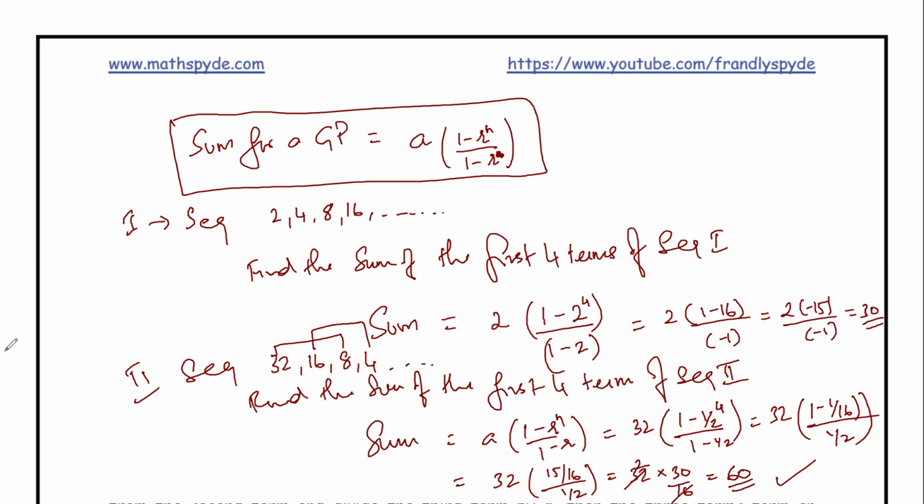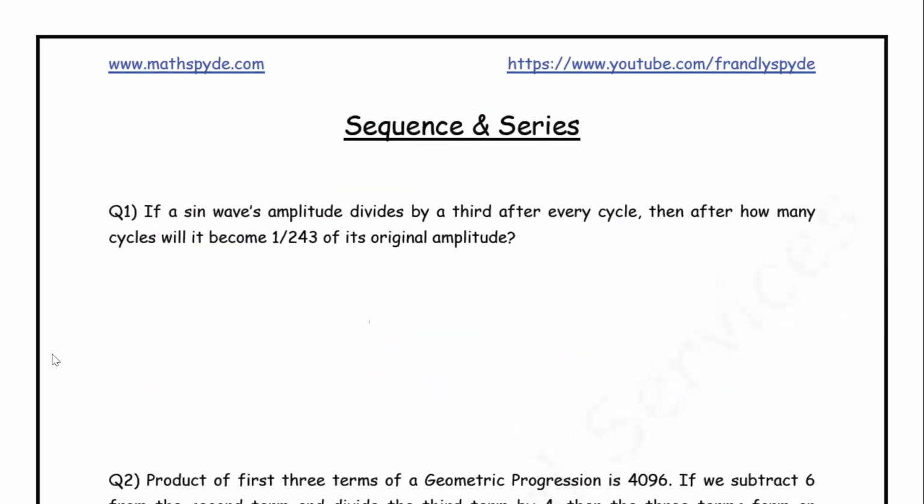Right. So now within geometric progression, there's a concept of a converging sequence, or you can say a sequence that has a ratio between -1 and 1.